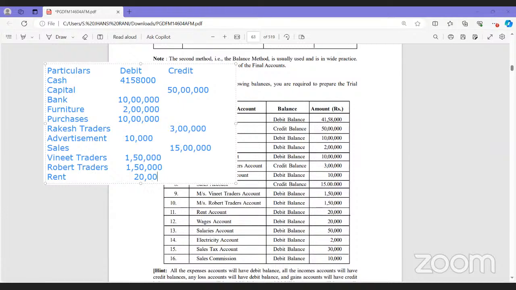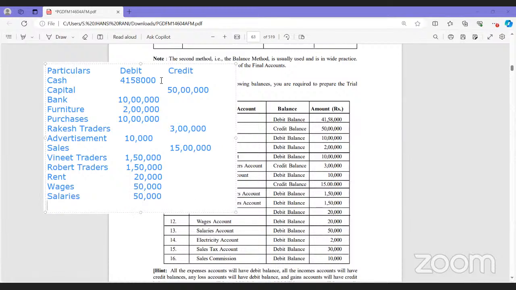So like this, we write all the expenses as per whether it is a debit or credit. Wages is also debit, so I'll write in the debit column 50,000. Next, we have salaries. Again, it is also an expenditure to us. In the debit column, we write 50,000. Next, we have electricity.